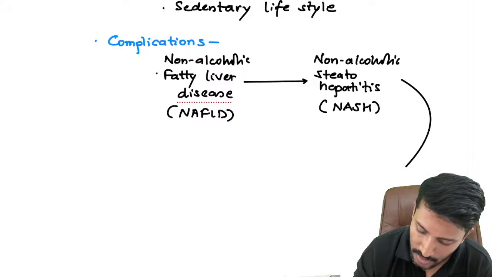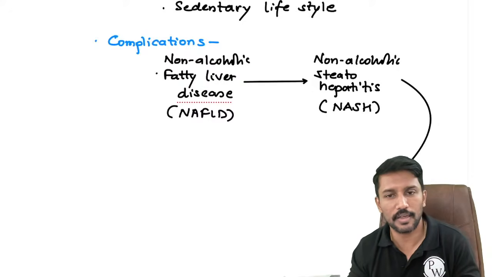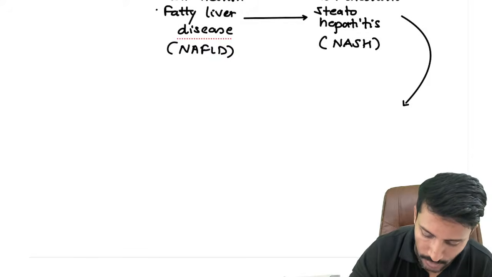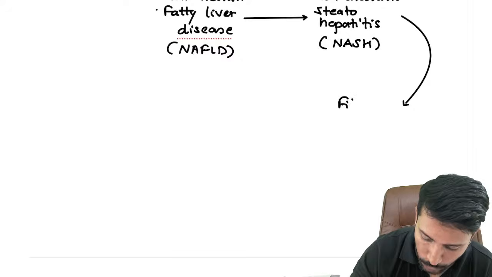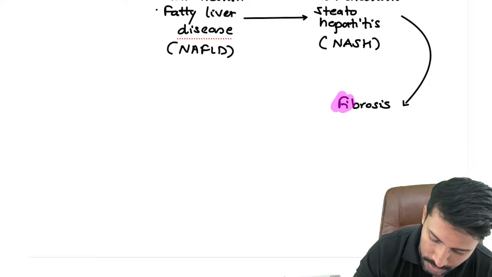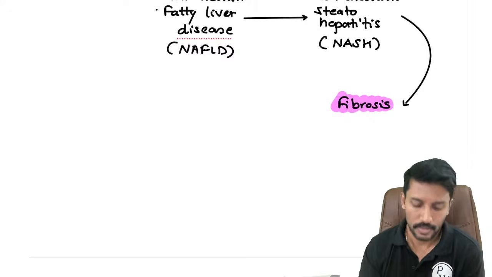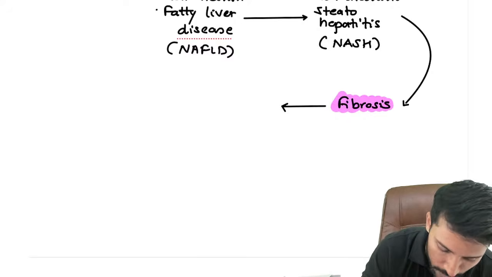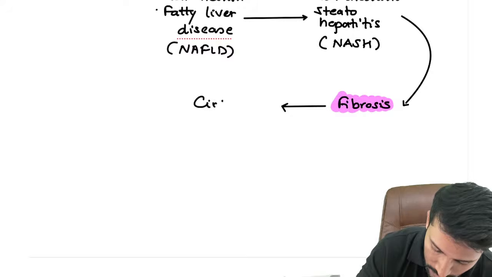And as we heal from inflammation, there will be some degree of scarring or fibrosis, right? So we can start developing fibrosis. So fibrosis is a well-known complication of chronic NASH, and from fibrosis we can eventually end up with cirrhosis of liver, right?